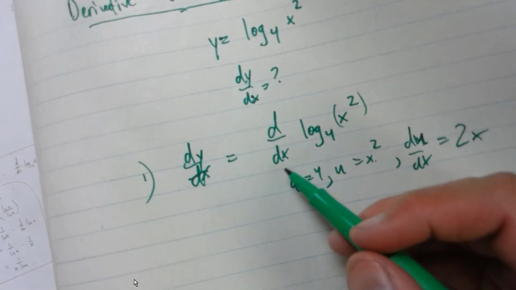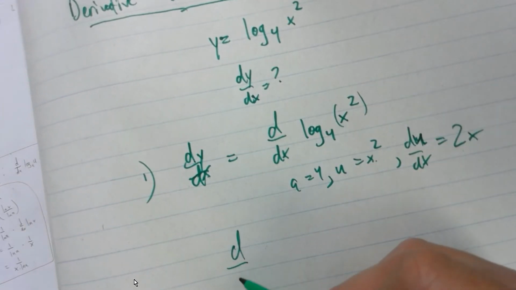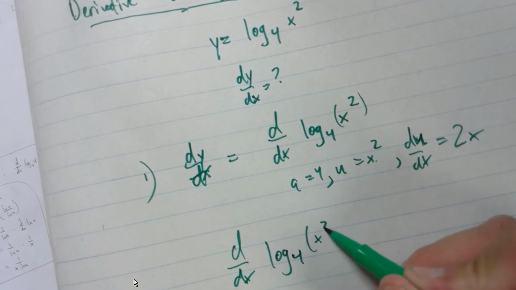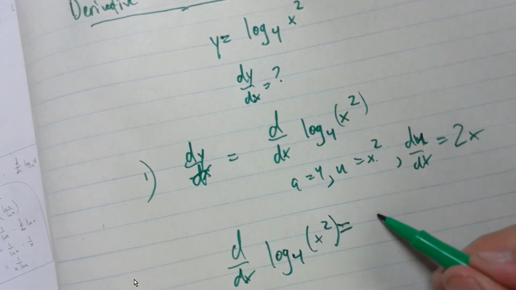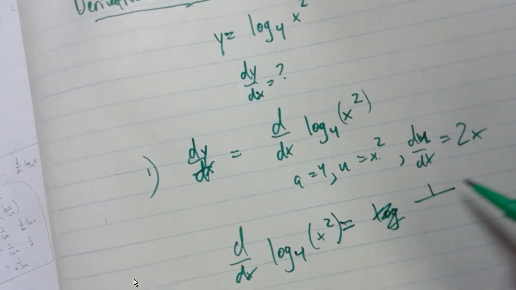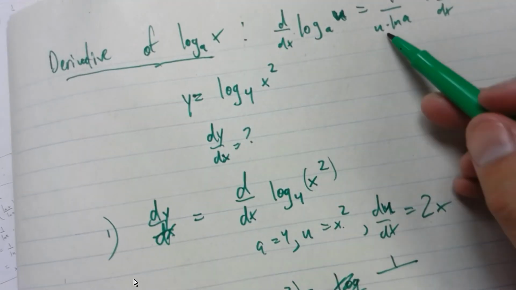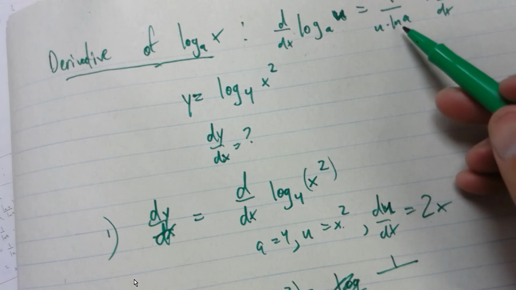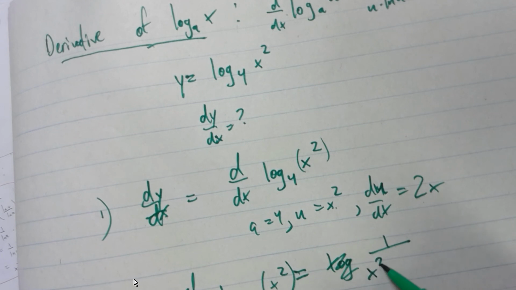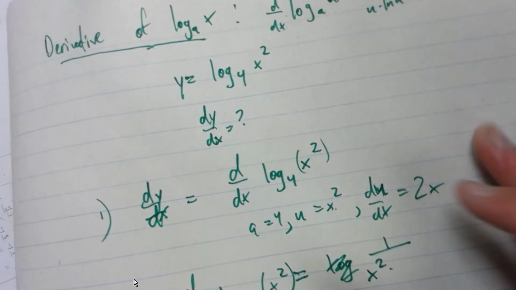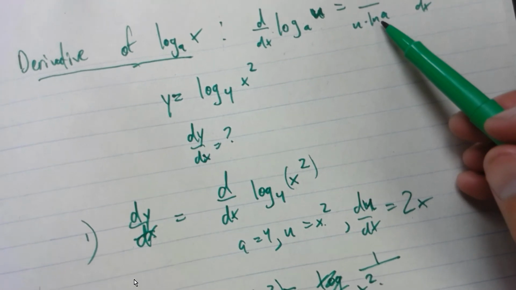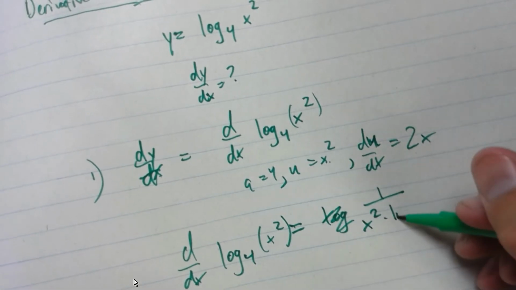So the derivative of log base 4 of x squared is 1 over u times ln of a. My u would be x squared times my ln of a.